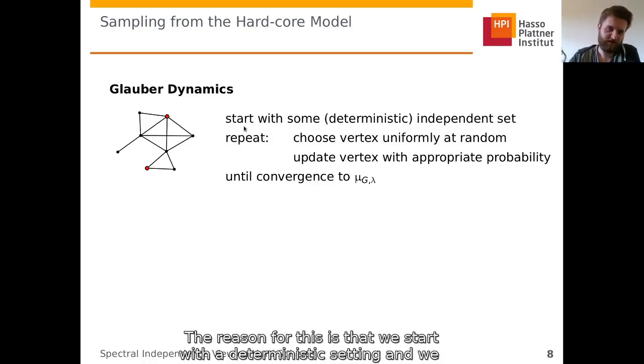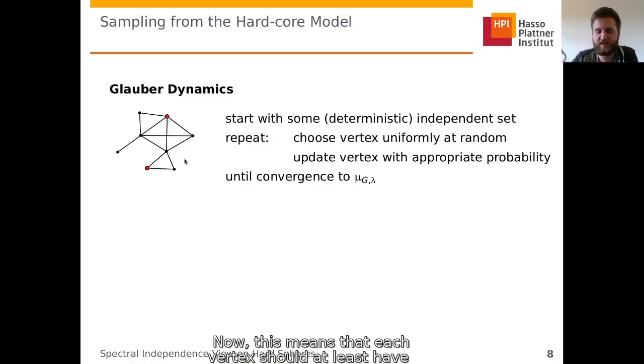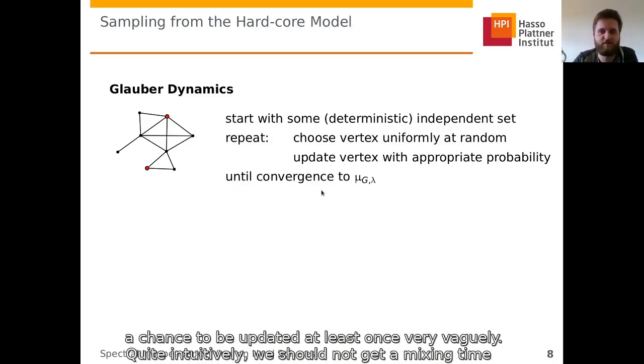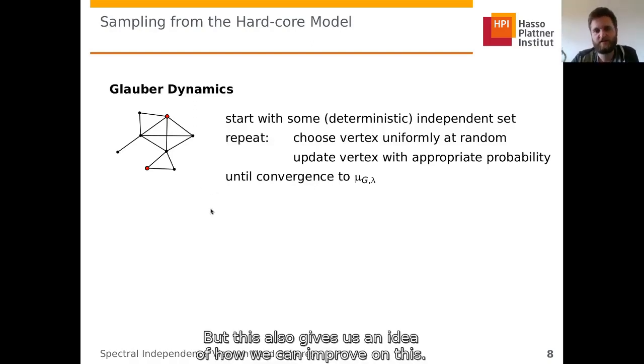The reason for this is that we start with a deterministic setting and we want to end up with something that's probabilistic, a random configuration. This means that each vertex should at least have a chance to update at least once, very vaguely. So quite intuitively we should not get a mixing time or a convergence time that's smaller than something that's linear in the number of vertices. But this also gives us an idea of how we can improve on this.